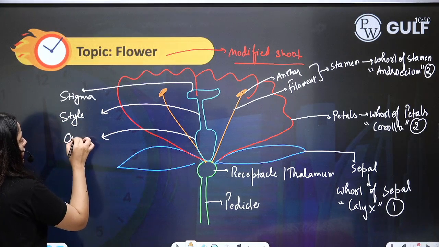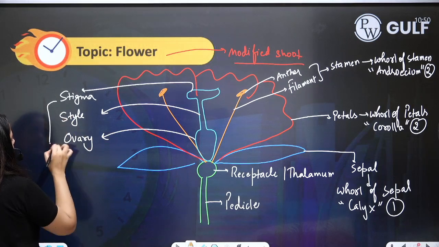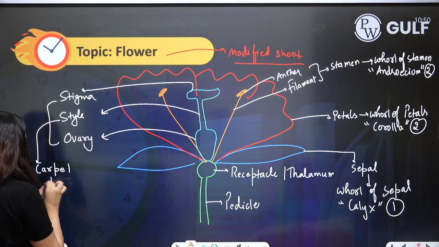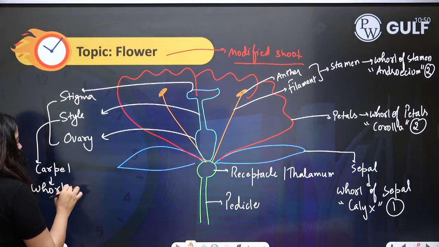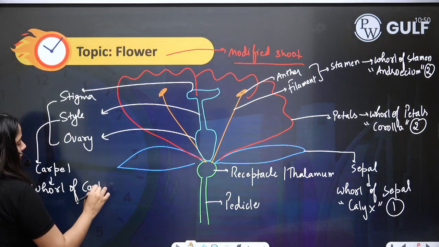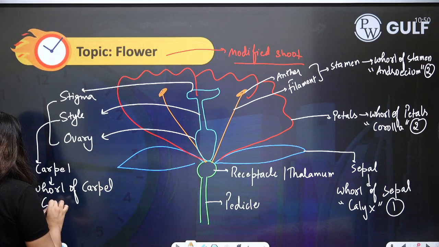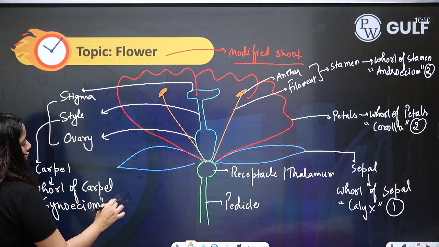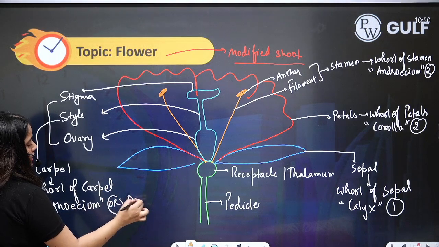This is ovary. Together, these three structures are known as carpel. And the wall of carpel is known as gynoecium, also known as pistil.